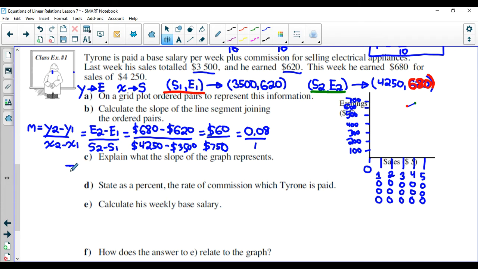So for every dollar earned, I could say it's the amount earned per dollar of sales.